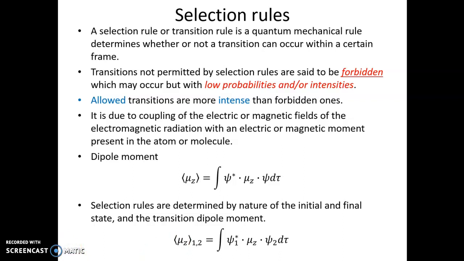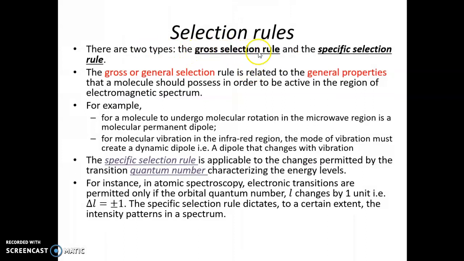There are two types of selection rules. There's the gross selection rule or the general selection rule, and then we have the specific selection rule. Now the gross selection rule is related to the properties of the molecule.